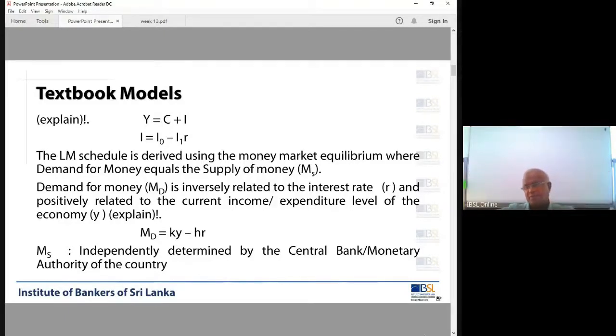If the central bank thinks, okay, by next week we want to increase our money supply by another 500 billion rupees, they can do that. They don't print the money, but using the policy rates, repo, reverse repo, the bank rate, the reserve rate, they can influence the money stock in the economy.